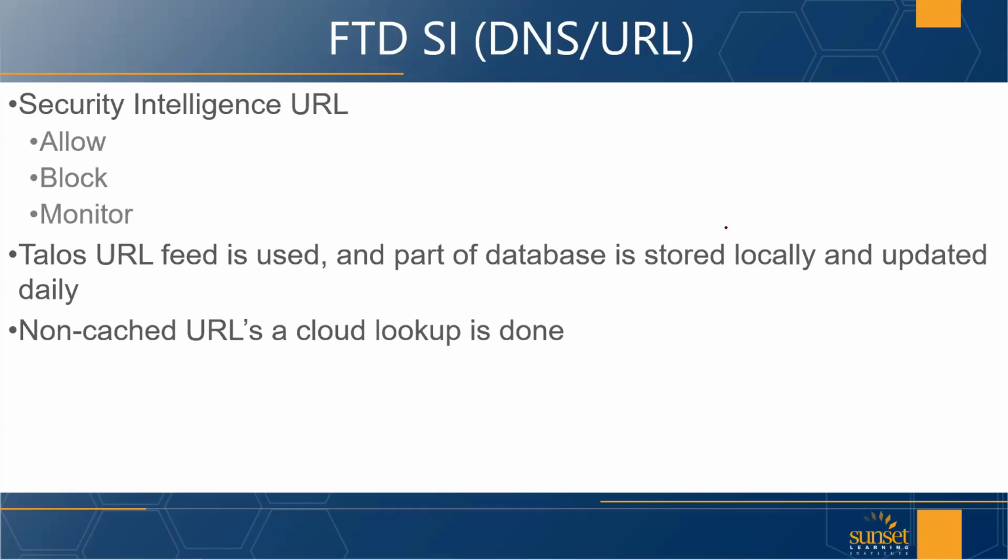I usually do a block auction site, which, if I say block auction site, for instance, it's going to block eBay by default, because that's already been categorized as an auction site. So we don't have to block specific URLs, is what I'm saying. We can, but we also can block them via categories.